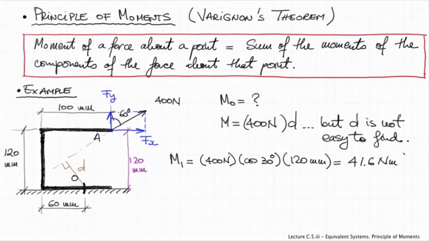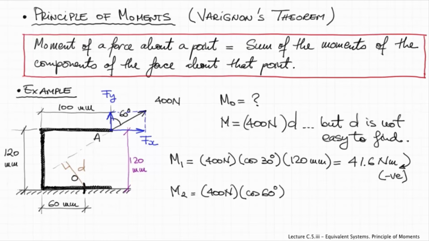So this moment equals 41.6 Newton meters. You can see that Fx rotates around point O clockwise. If you imagine a wheel centered at O, Fx will turn that wheel clockwise. So that moment is hence negative.